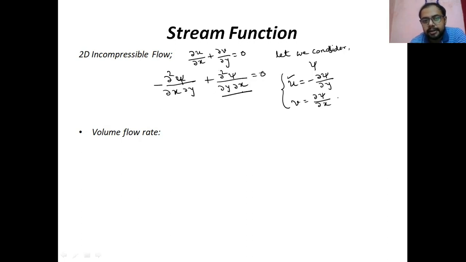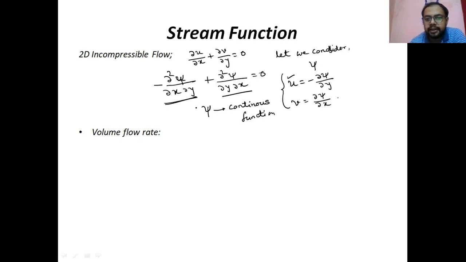So the two terms are equal. Under what condition will these two be equal? When the psi function is a continuous function. From the mathematical expression, we know psi is a continuous function. Only then will term 1 and term 2 be equal.